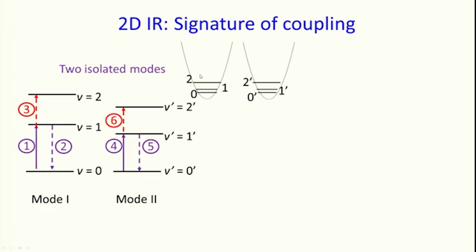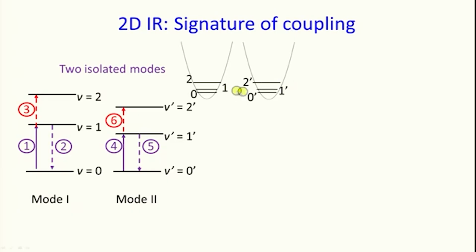The way I have drawn it here, it might look like the modes are similar, they do not have to be, the shapes can be different, the energy minima have to be different. This is a not to scale diagram.